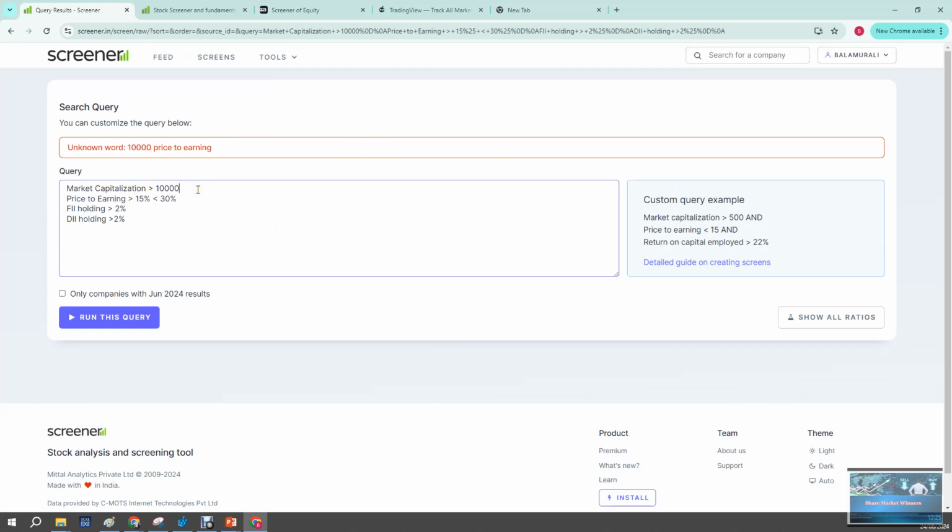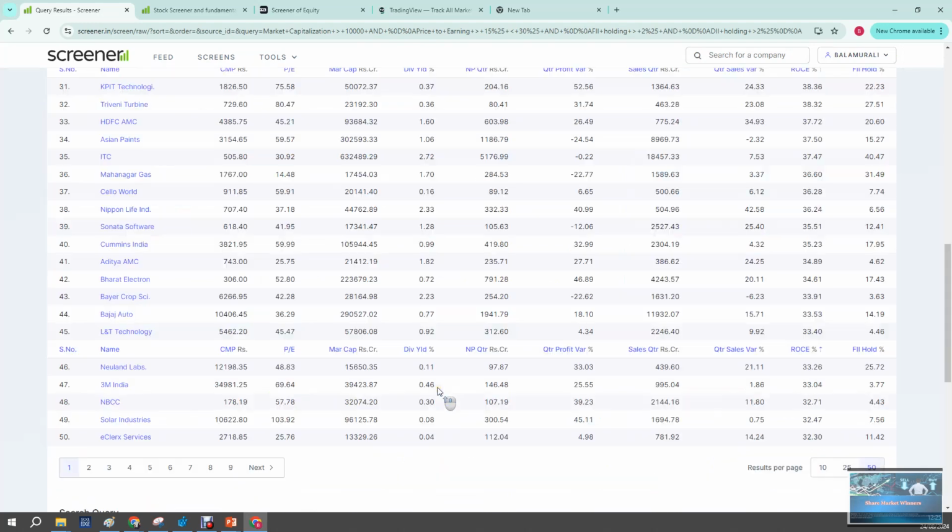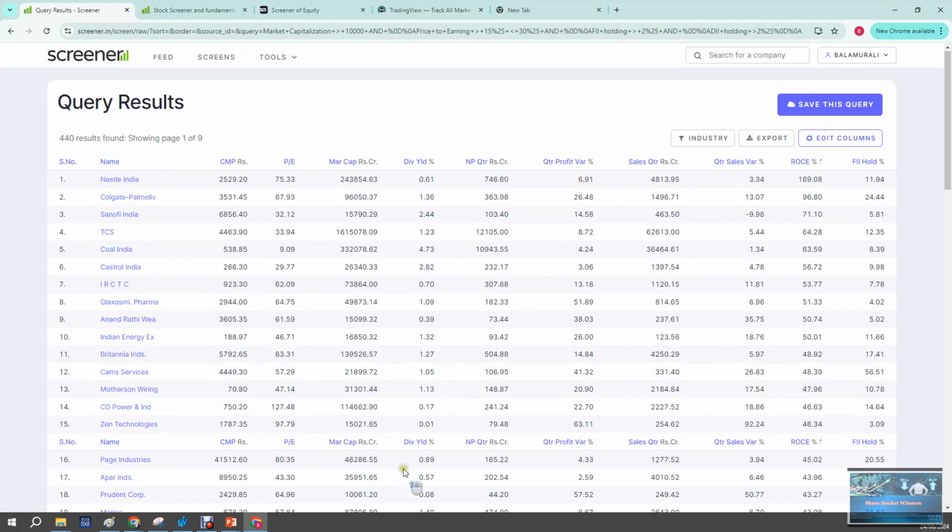What I have missed here is that I am passing all the conditions, right? So for that, I need to specify AND or OR between the conditions. That is why it is throwing an error. Now, after adding the AND there, I am able to see a lot of stocks came in because my criteria is not a refined one.